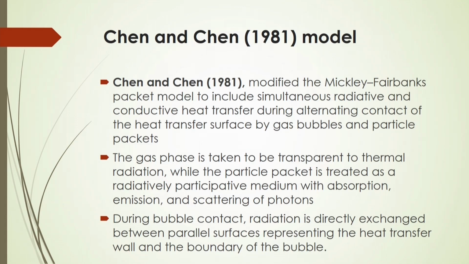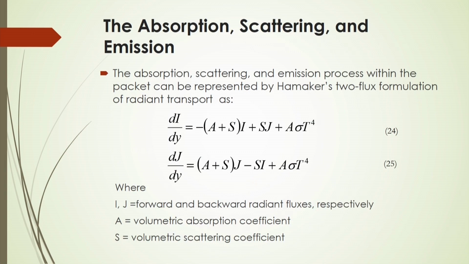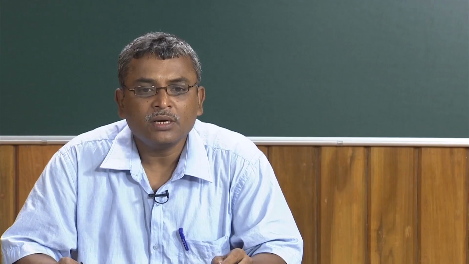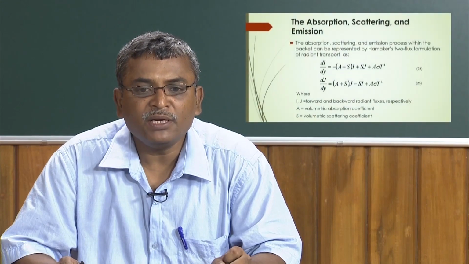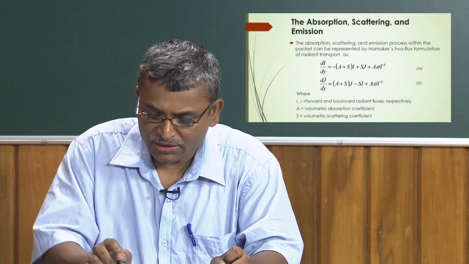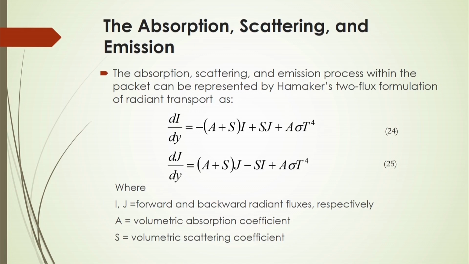Now, how to actually estimate this absorption, scattering and emission? The absorption, scattering and emission process within the packets can be represented by Hamaker's two flux formulation of radiant transport, given by equations 24 and 25 for the forward and backward radiant fluxes.